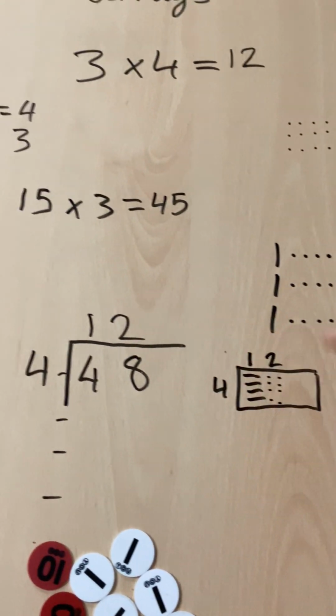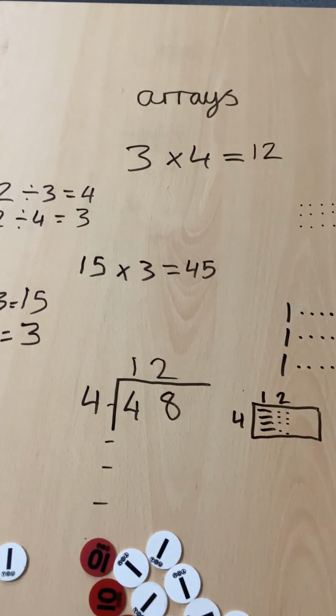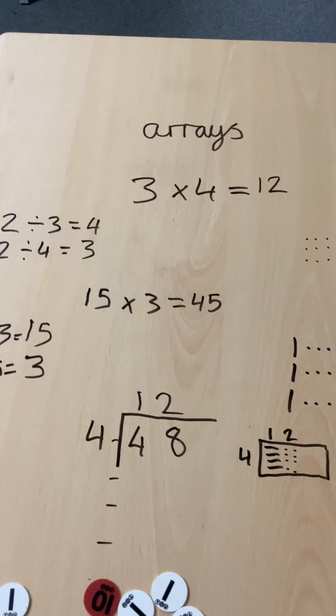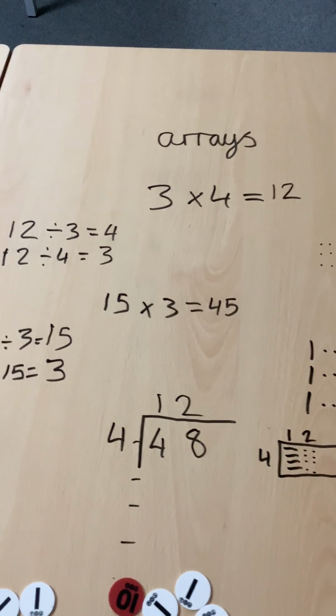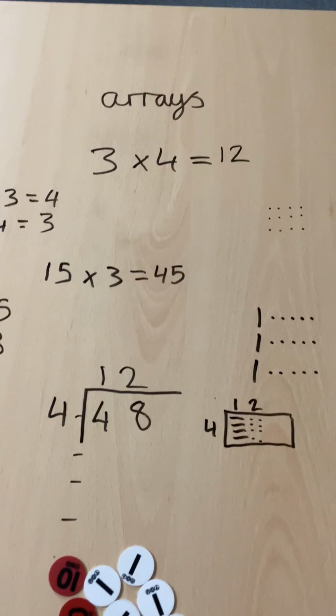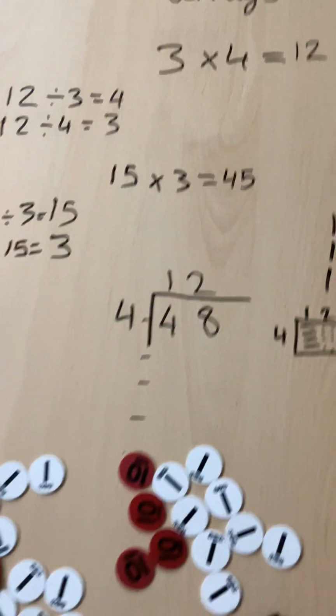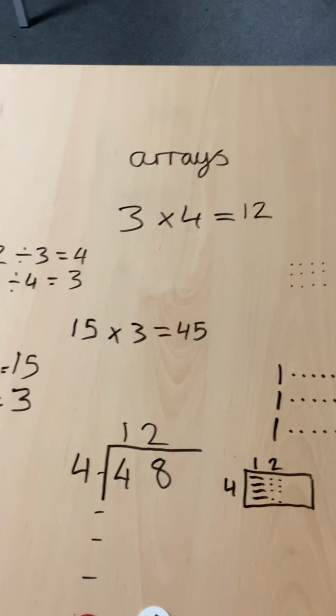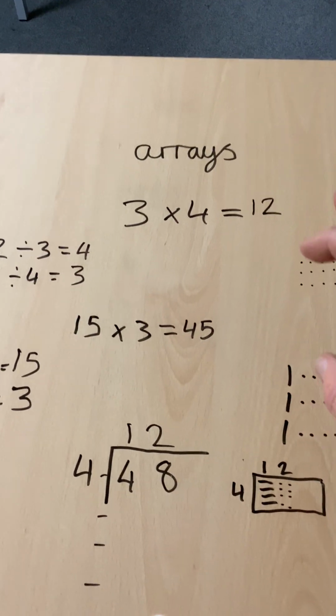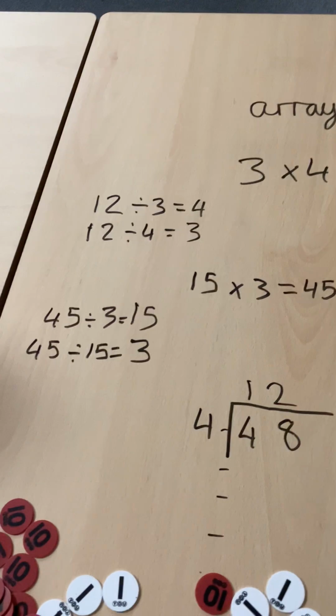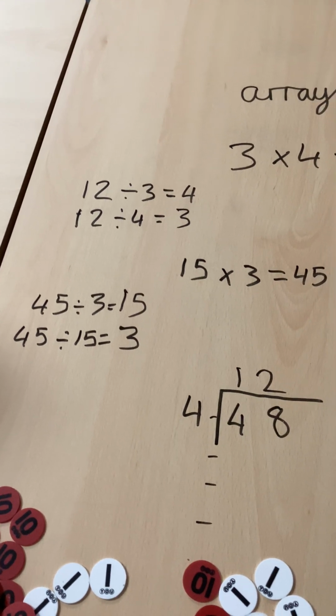So the bus stop method that I will talk about in the next few videos is using arrays. So I wanted to use these array videos to make sure we understand what we mean by that, whether that is drawing, or whether that's using the counters, whether that's doing multiplication, simple or slightly more complex, and whether that is doing division.